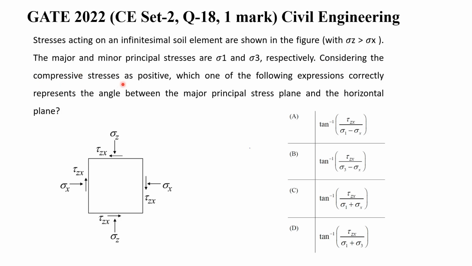Considering the compressive stresses as positive, which one of the following four expressions correctly represents the angle between the major principal stress plane and the horizontal plane?